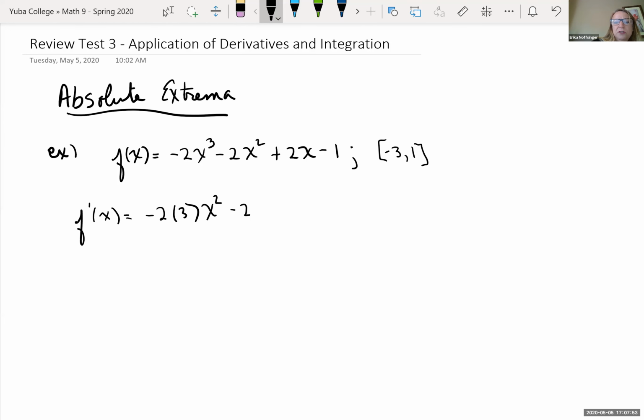Minus 2, the derivative of x squared is 2x. Plus the derivative of 2x is 2. And the derivative of a constant is 0. So we get that the first derivative is equal to -6x squared minus 4x plus 2.